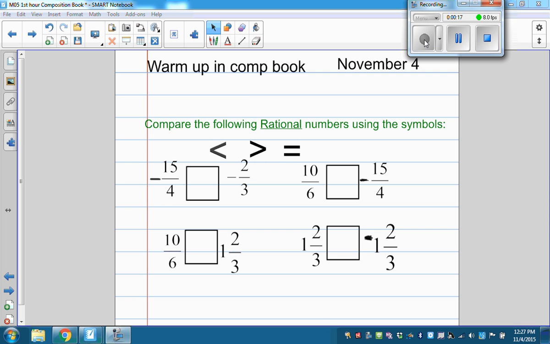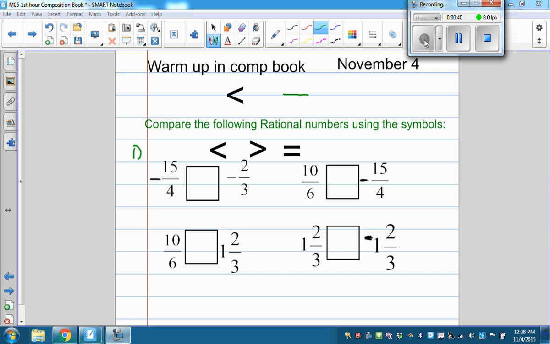These are inequality symbols, and we want to use them to compare numbers to see if they're greater or less than or equal to one another. For example, on number 1, I look at negative 15/4, that's a negative in front of it, and I want to compare that to negative 2/3.